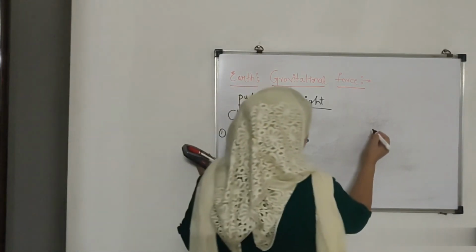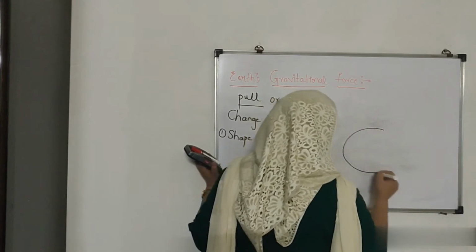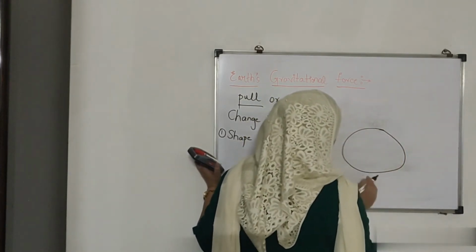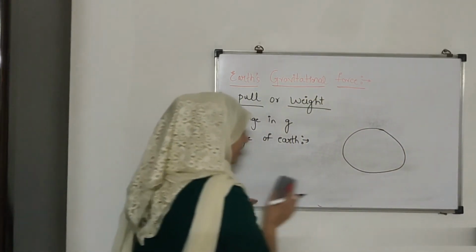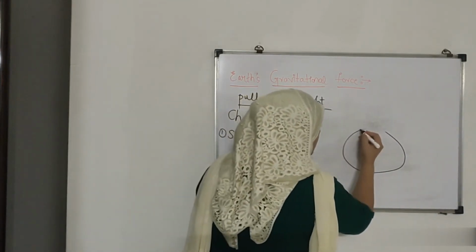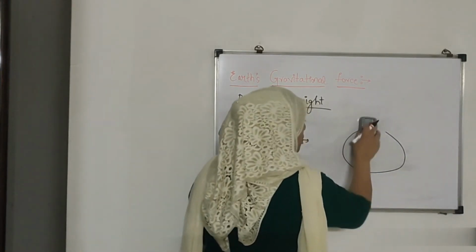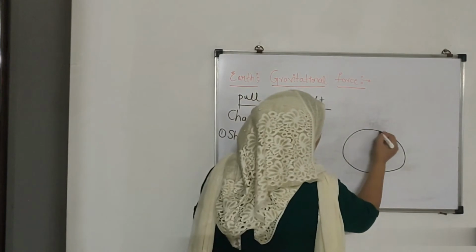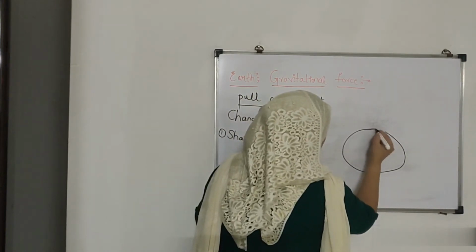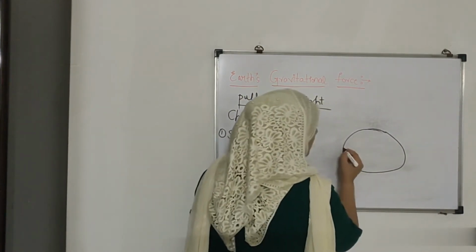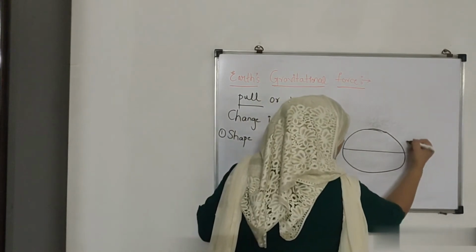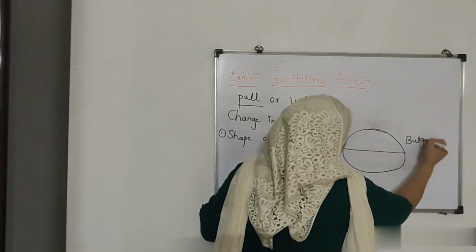It is like this. Basically what I mean to say is it's a little flat at the poles, and at the equator it is bulging.